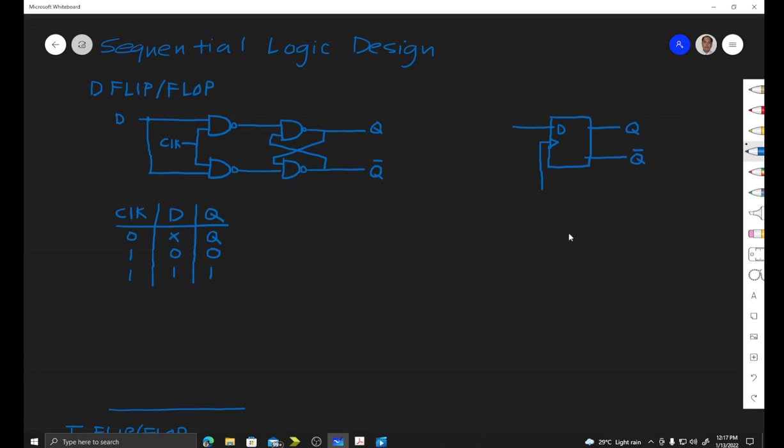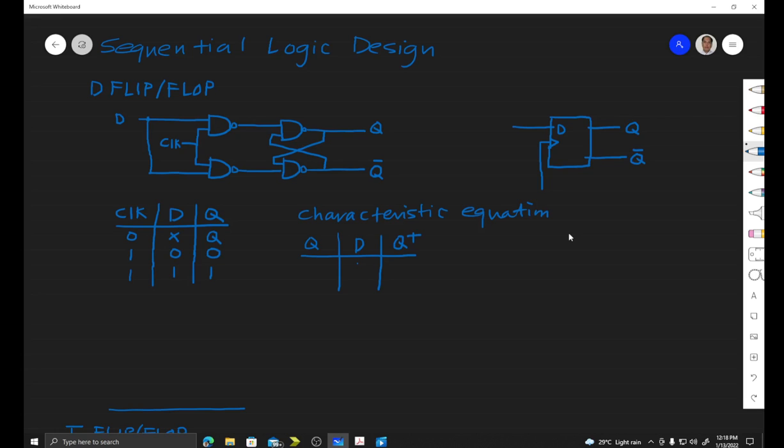For the D flip-flop, we can get the characteristic equation. For Q and D, we take the next state Q plus.